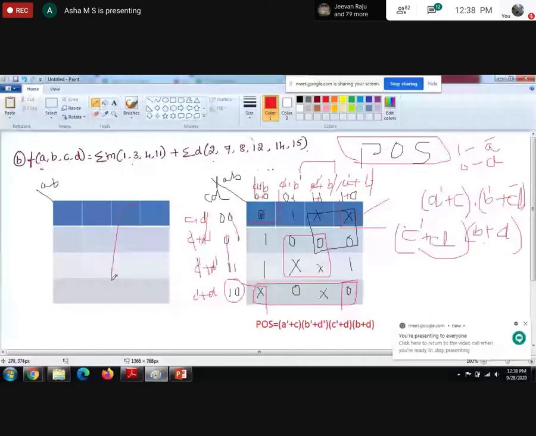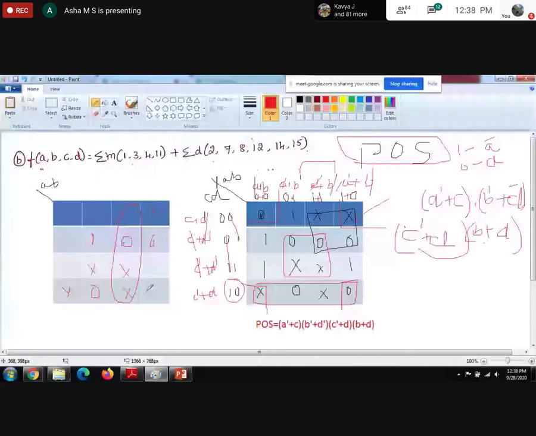One group like this, you will get 0 0 0 x x x x 0 x 0.